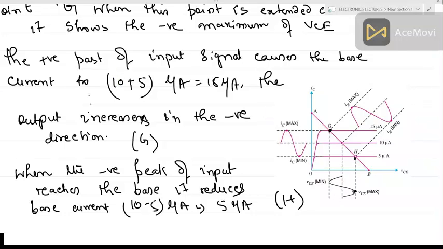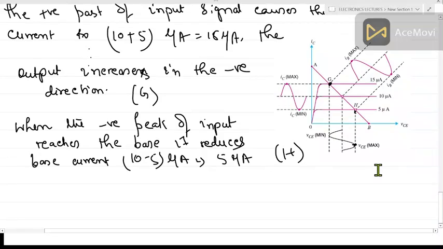Now at this 5 microampere, the point H, it corresponds to the positive peak. So during the negative half of the input signal, the output increases in the positive sense. This is the meaning of phase reversal.